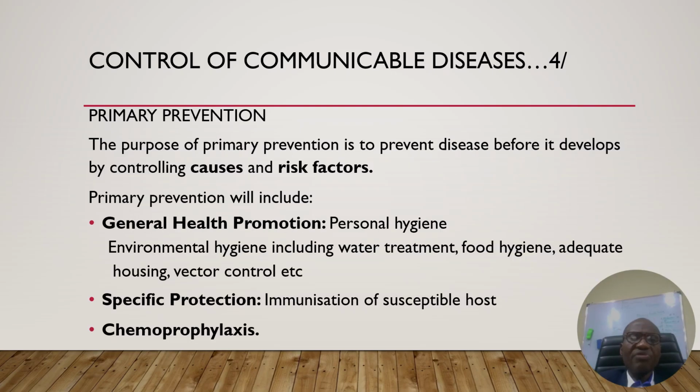For primary prevention, the purpose is to prevent disease before it develops, because the risk factors are already present. So we try to control the risk factors.